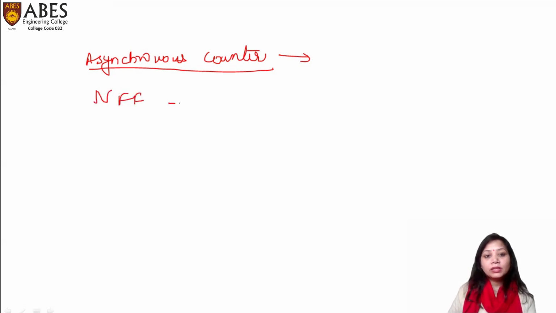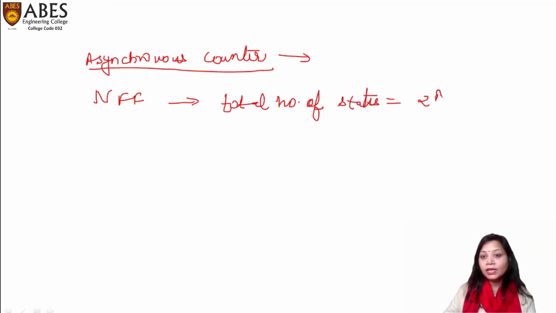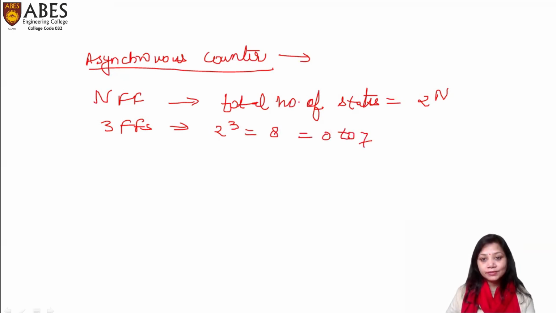That means the total number of states that will be counted by the flip-flops equals 2 to the power n. Suppose we have 3 flip-flops. That means the total number of states will be 2 to the power 3 equals 8. Or we can say 0 to 7 states.